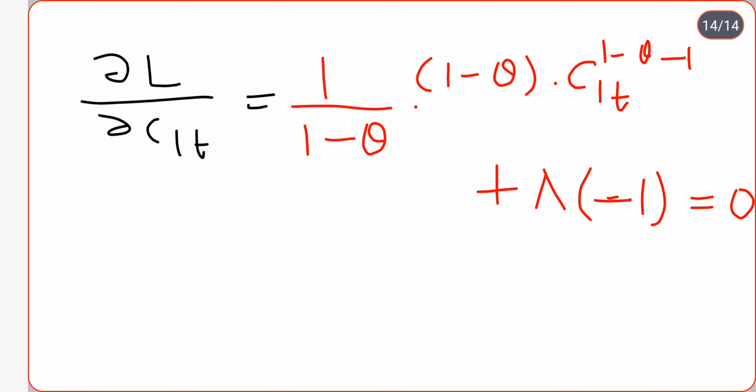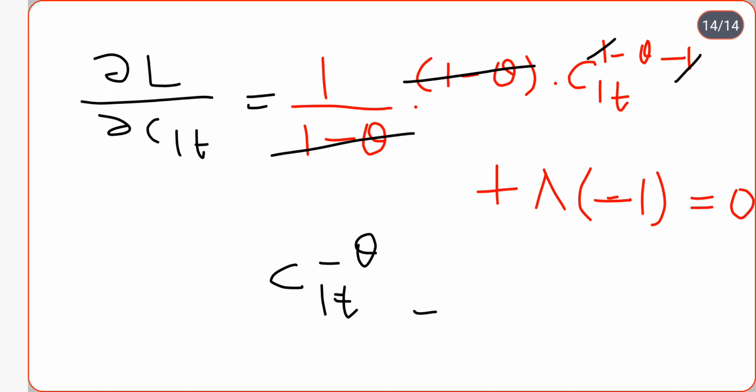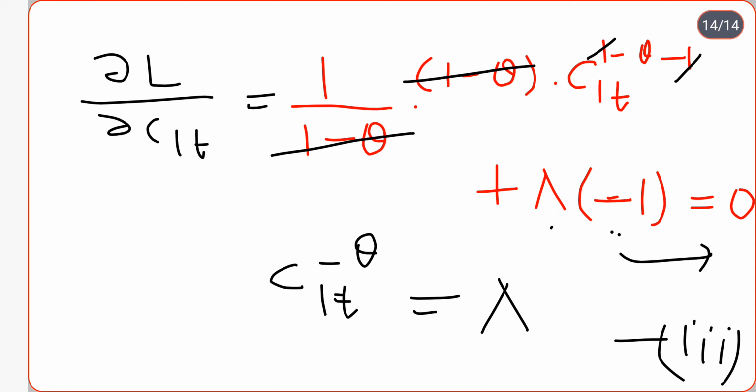So now 1 by theta will be opted out, and the minus 1 and plus 1 will also not be there, so we will have only C1T to the power minus theta equals, this is minus lambda basically, and when it goes to the right hand side, it becomes plus lambda. So this is our third equation.